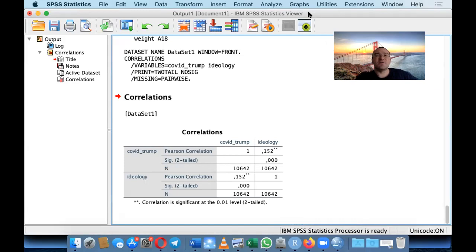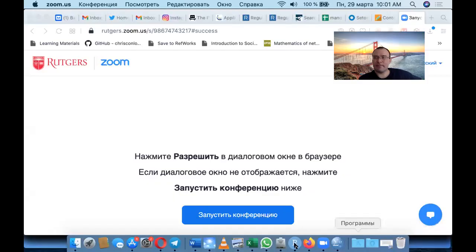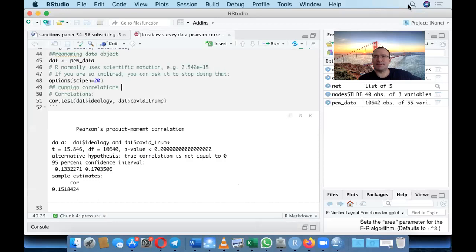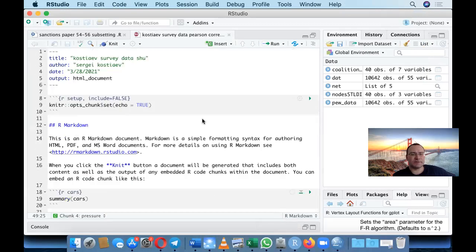Let me stop sharing. And I forgot to show how to do correlation in R. So this is the code.